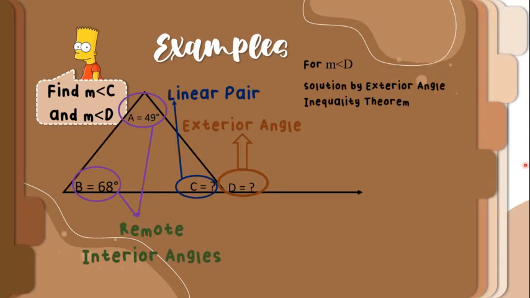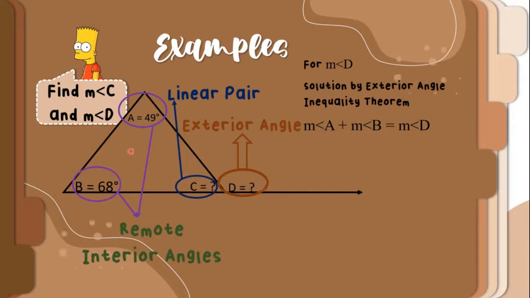The formula again states that the measurement of the exterior angle is equal to the sum of the two remote interior angles. So our formula for this one is the measurement of angle A plus the measurement of angle B is equal to the measurement of angle D.